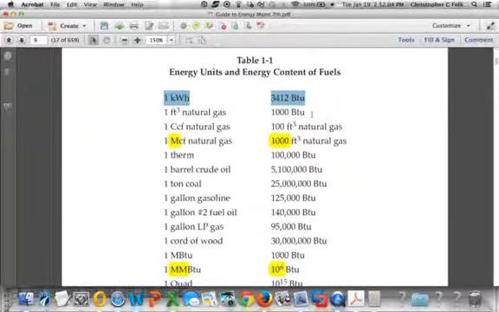And furthermore, 1 cubic feet of gas contains 1,000 BTU of energy. So that's where these numbers came from. We can get that information from many other places, smartphones, websites, who knows. You may have that, you just may remember it.